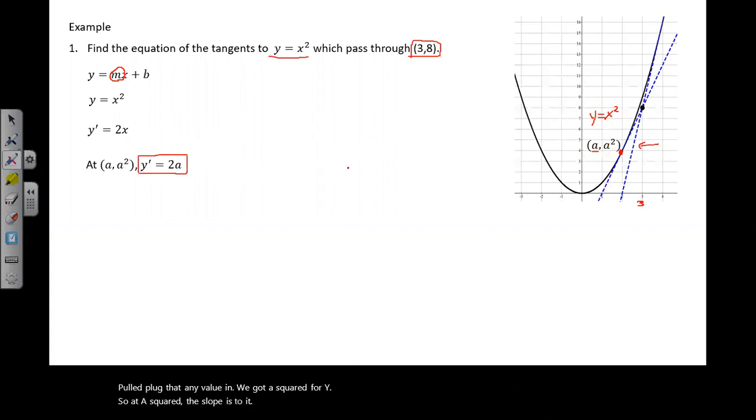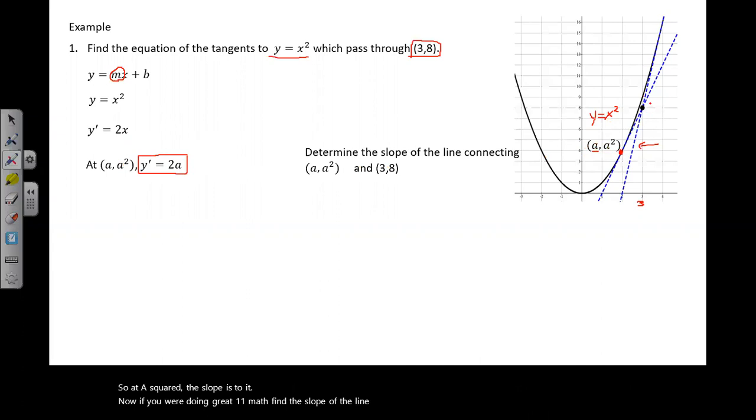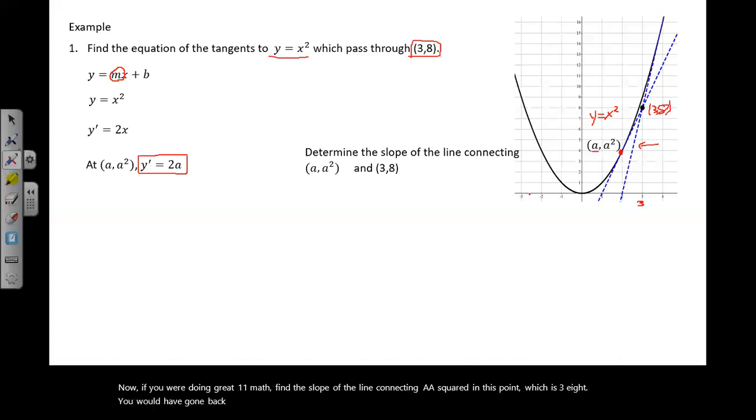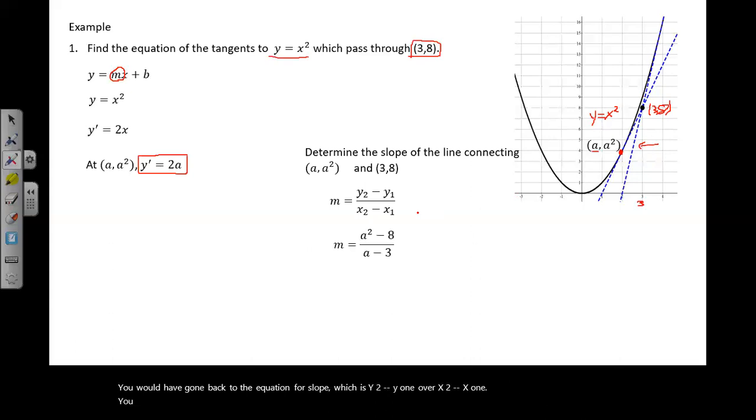Now, if you were doing grade 11 math, find the slope of the line connecting a squared and this point, which is (3, 8), you would have gone back to the equation for slope, which is y2 minus y1 over x2 minus x1. You can call them whatever you want. So I might call this one x1, y1, and this one x2, y2.